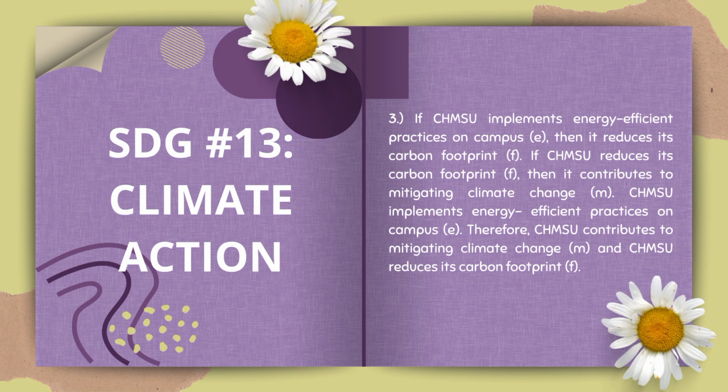The example argument is: if CAMSU implements energy efficient practices on campus, then it reduces its carbon footprint. If CAMSU reduces its carbon footprint, then it contributes to mitigating climate change. CAMSU implements energy efficient practices on campus. Therefore, CAMSU contributes to mitigating climate change and CAMSU reduces its carbon footprint.